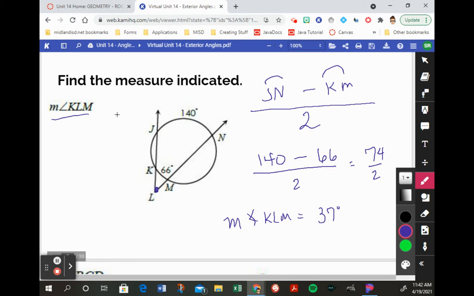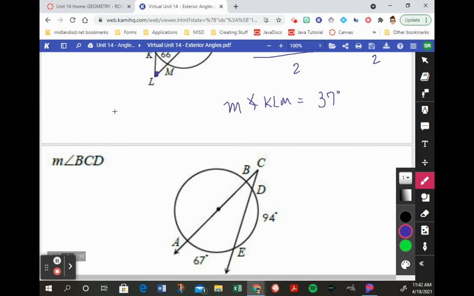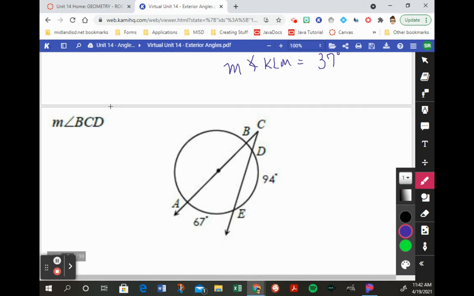All right. Let's try another one. This one is similar. Find the measure of angle BCD. This is a little harder. Let's see. We have to remember what our angles mean.